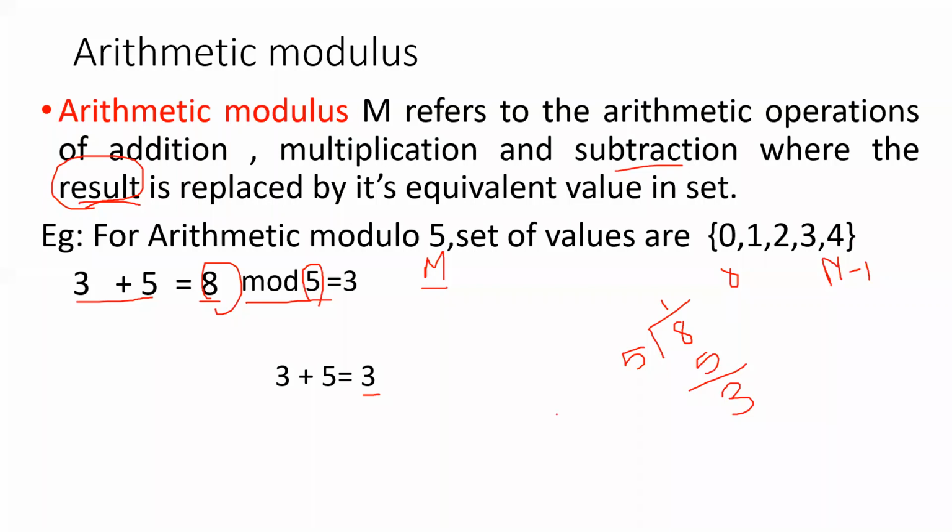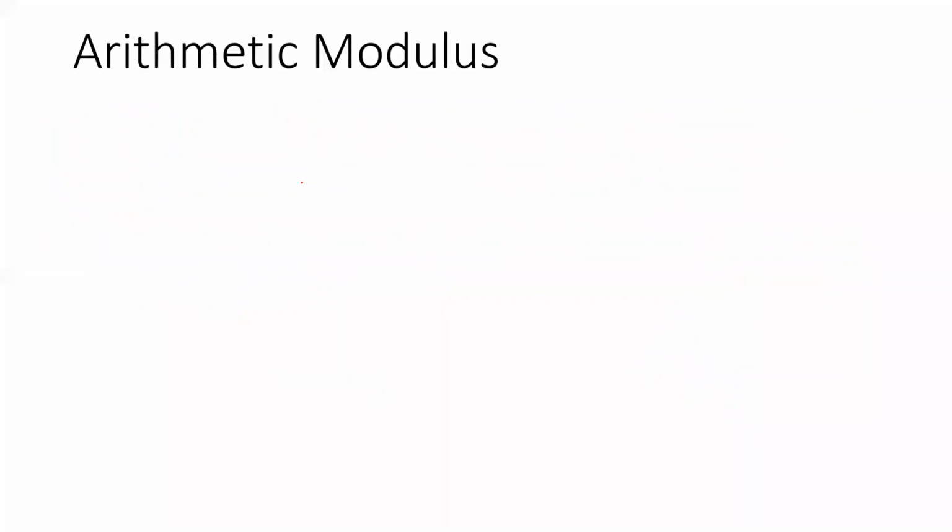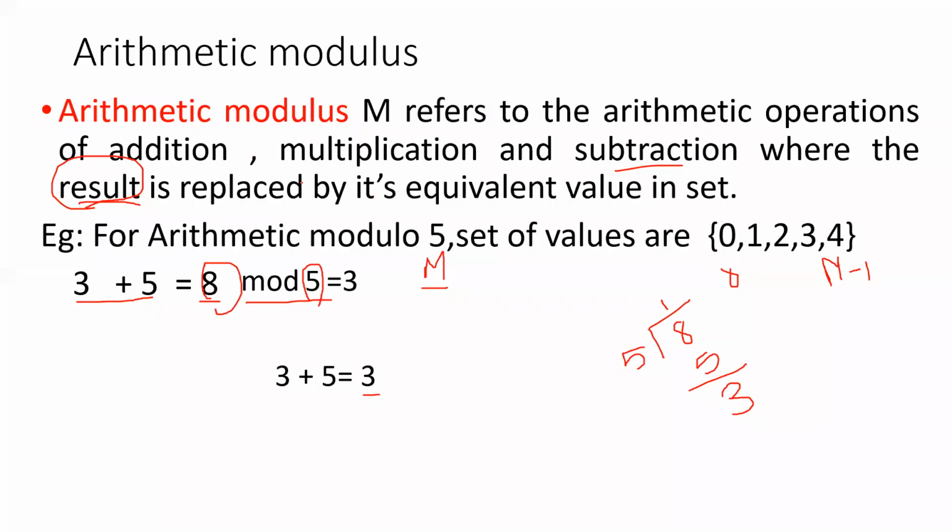So you will be bringing that number within the range of 0 to m minus 1. Whatever be the result, even if you get a bigger number, you will ultimately get a value which is in the range of 0 to m minus 1, where m is the number for which you are finding the arithmetic modulus. So we will do one example.